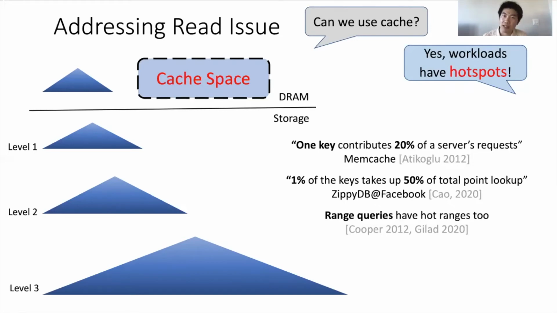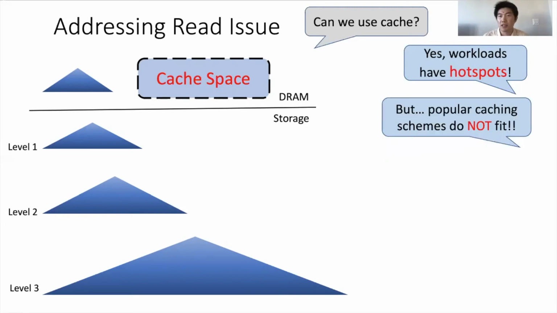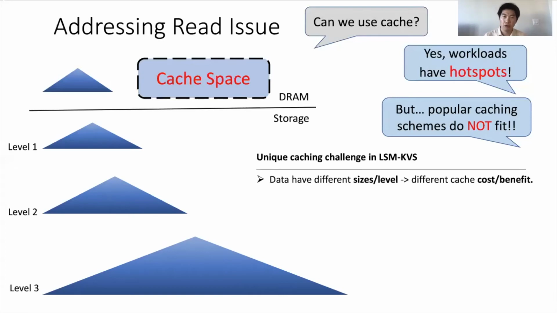But the problem is not that easy. This is because popular caching schemes do not fit our LSM-based key-value store. There are many unique challenges in our LSM-based KVS. For example, the data has different sizes and levels.